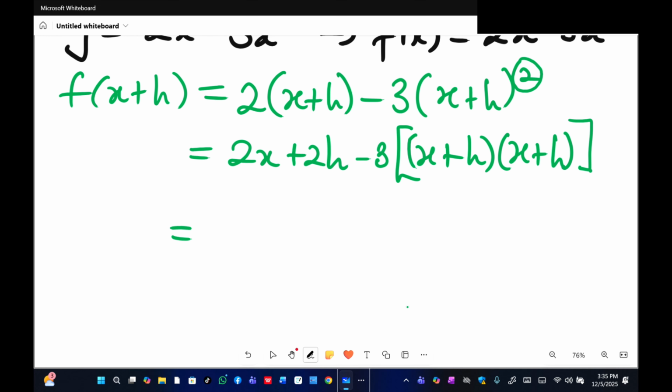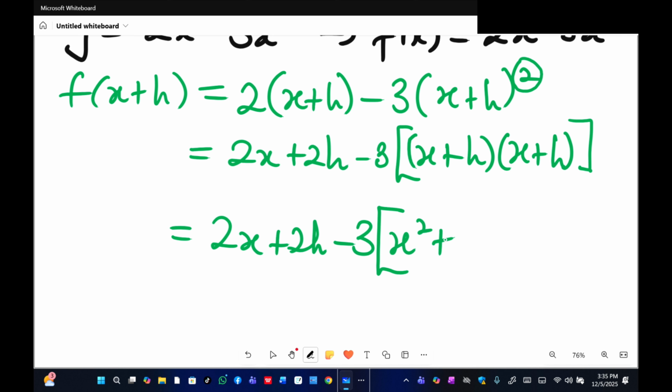We are going to get 2x plus 2h, then minus our 3 outside. Let us work on the bracket first. So x times x will give us x squared. x times h will give us xh. h times x will give us xh. And h times h will give us h squared, and close it nicely.